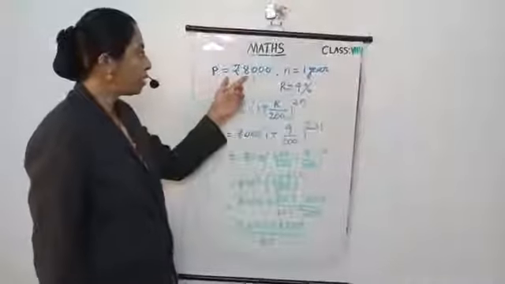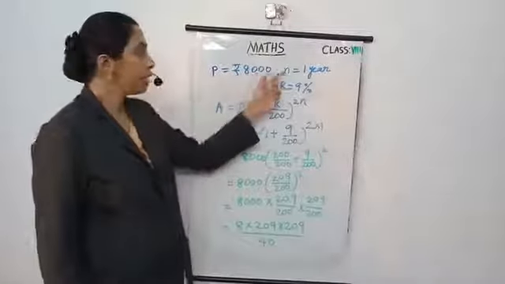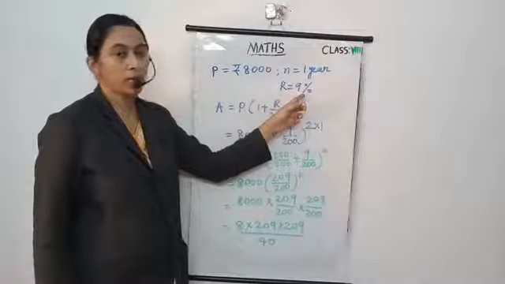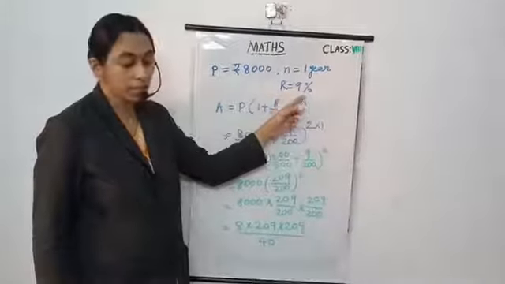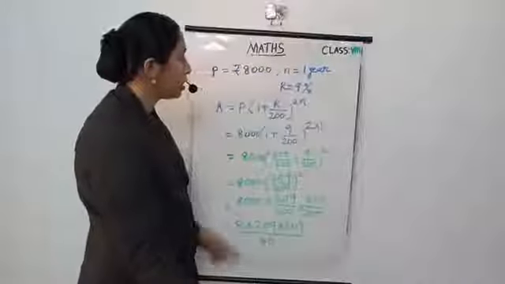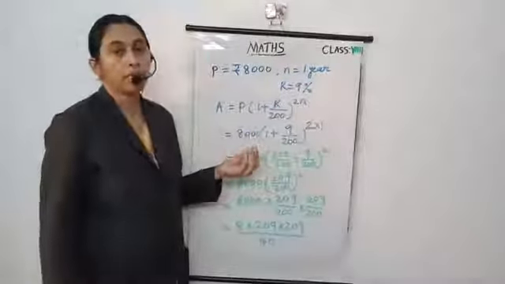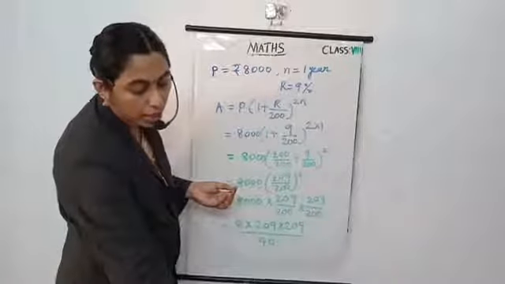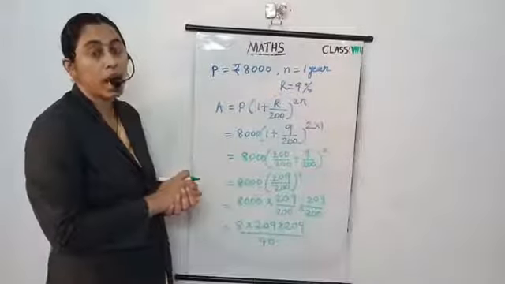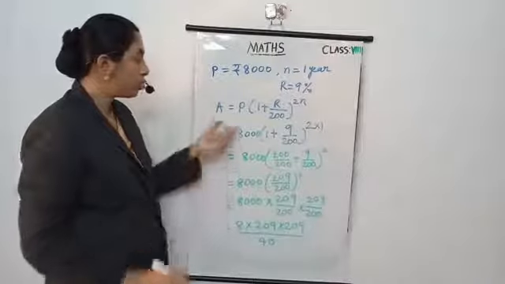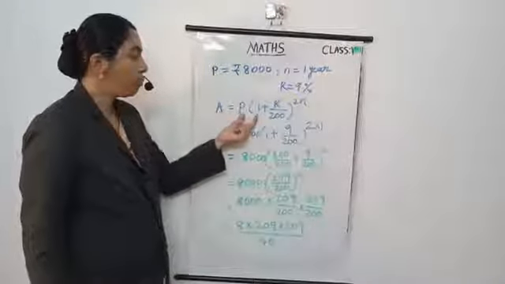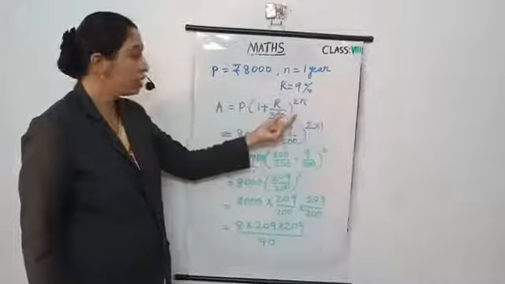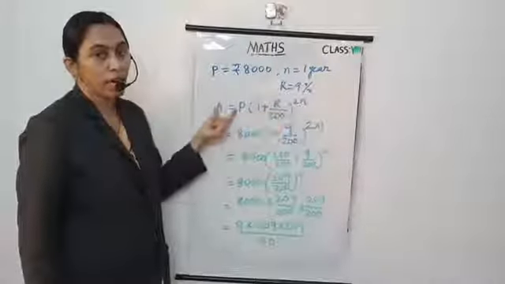P is rupees 8,000, n is 1 year, rate is 9%, and the interest is calculated half yearly. This is for a half yearly calculation.